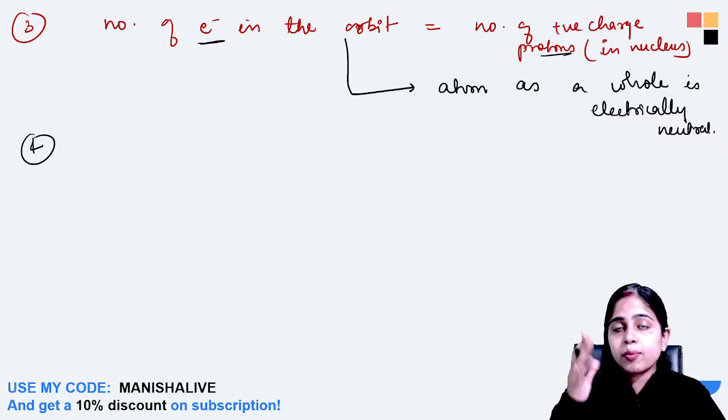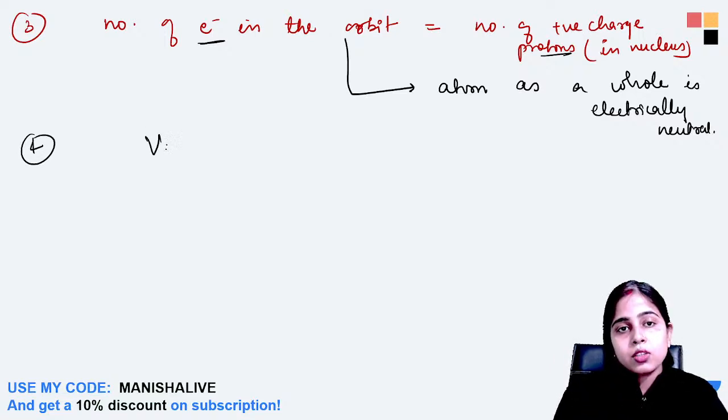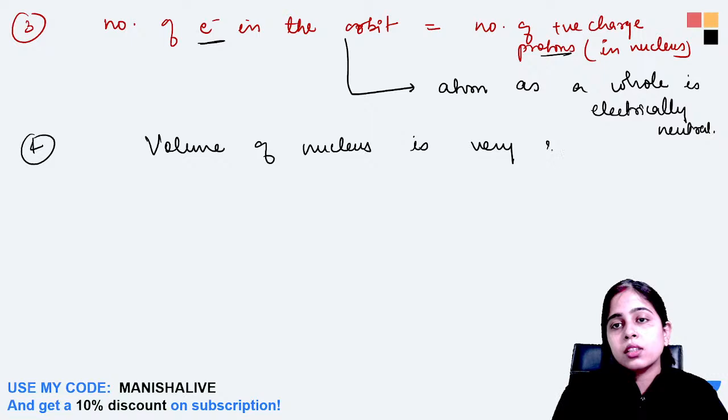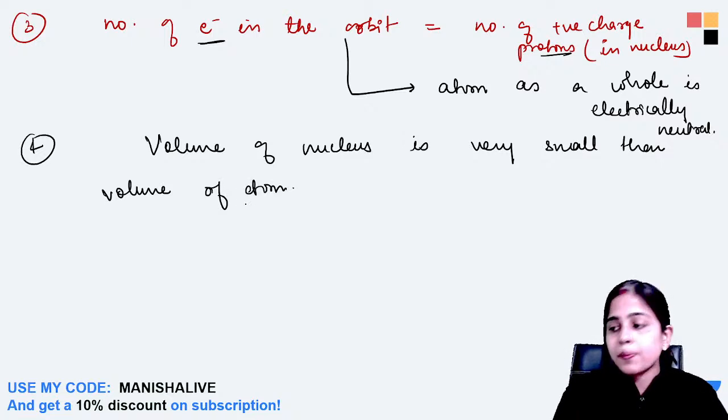So you can imagine that the volume of the nucleus is very much smaller than the volume of the atom. Clear? Is it clear everyone?